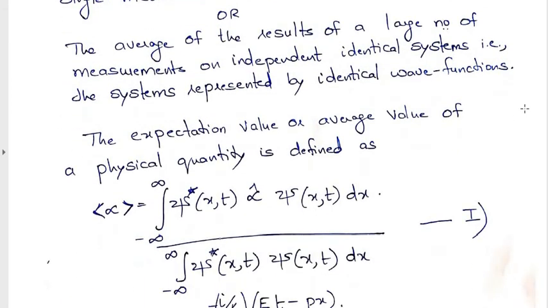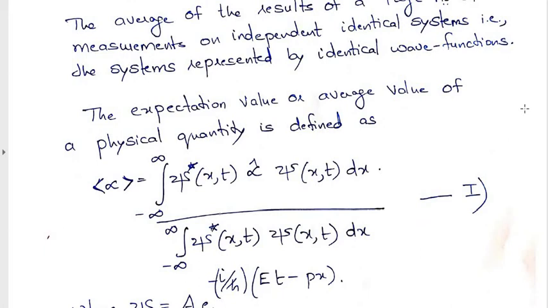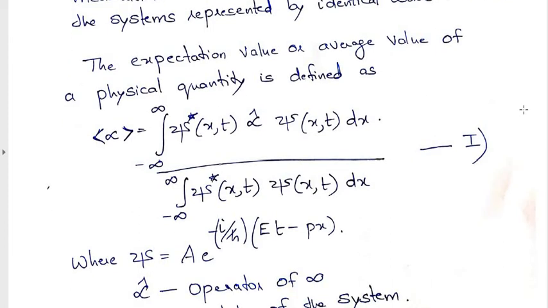So the expectation value or average value of a physical quantity in mathematical form is written with angle brackets. The expectation value of alpha is the integration of psi star of x,t, alpha cap, psi of x,t dx, with limits of integration minus infinity to plus infinity, divided by the integration of psi star of x,t into psi of x,t dx, with limits minus infinity to plus infinity.